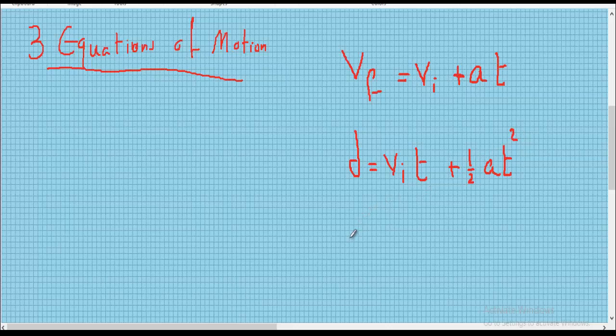The third equation is 2AD, 2 is the constant, AD equals VF squared minus VI squared. So let's explain each symbol I have written.